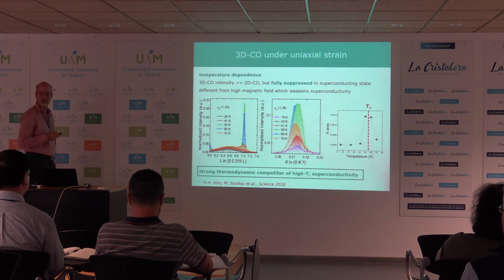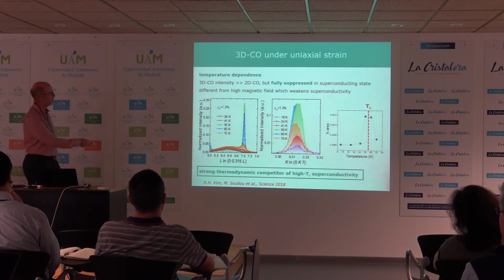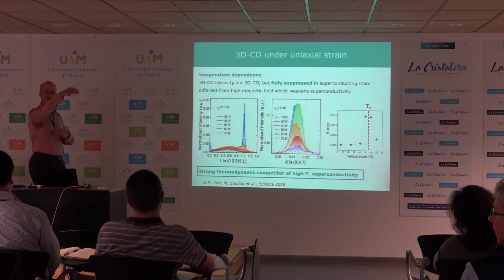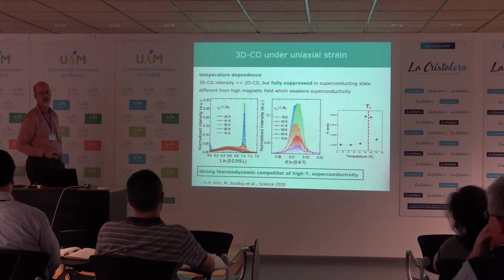And the most amazing thing is actually the out-of-plane momentum. It's just repeating every unit cell. So that's the same periodicity as the crystal structure. Right? So it's commensurate with the crystal structure. Whereas the in-plane periodicity is incommensurate, matching the periodicity of the two-dimensional structure that had already been known.